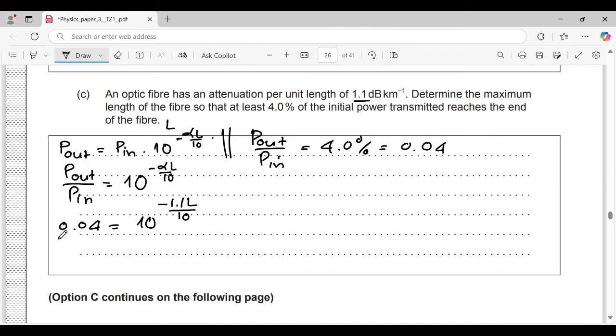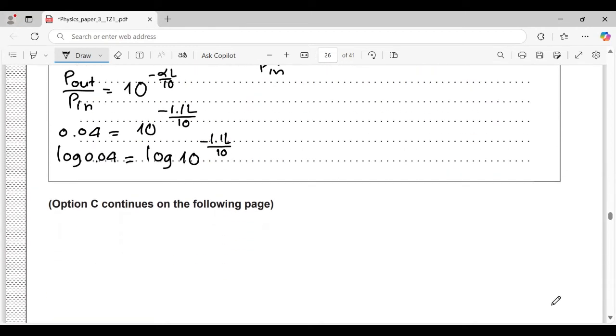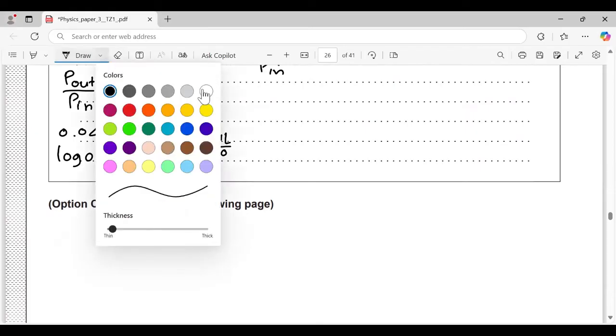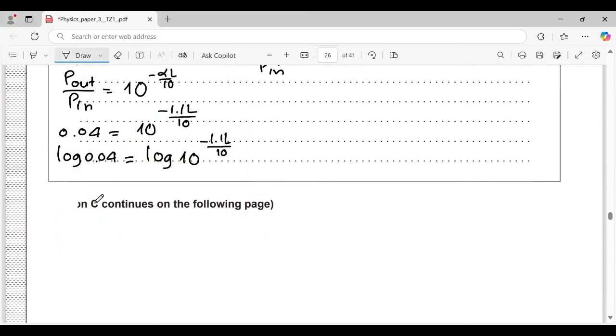Then we can use the logarithm rules: log 0.04 equals log 10 power minus 1.1 L over 10. Next, I need more space, and I would like to clean this area first.